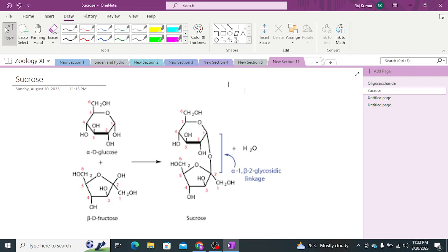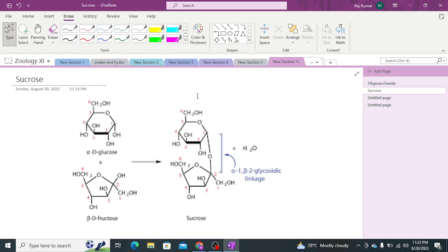Why is it known as alpha? Alpha is there because the hydroxyl group is present on the downward side, and beta is there because the hydroxyl group is present on the upward side on the first carbon. So I hope this sounds clear.